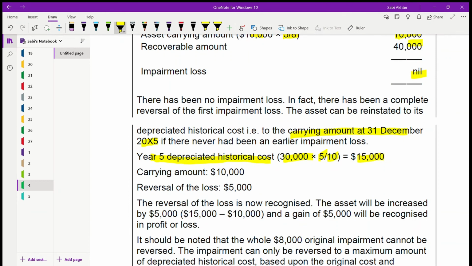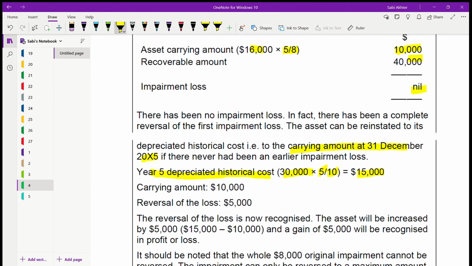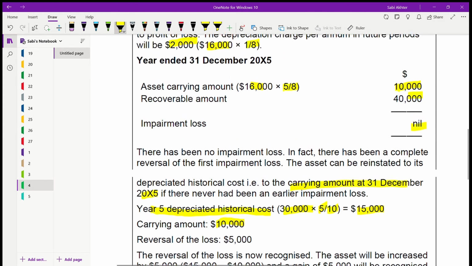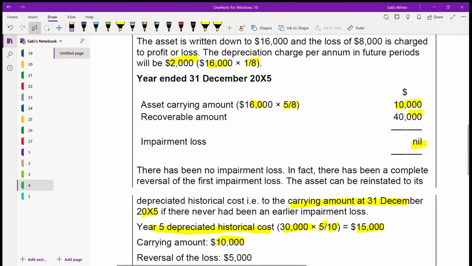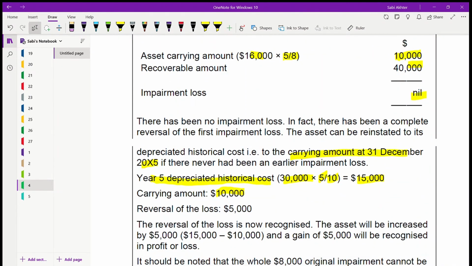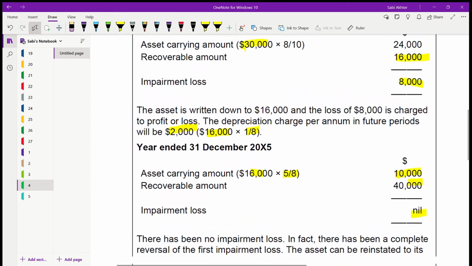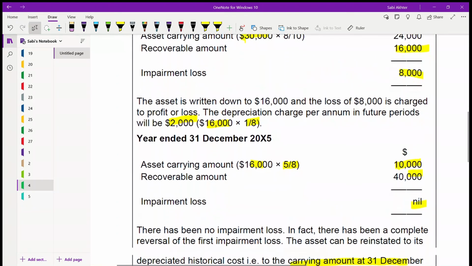Now, from this 15,000, the historical, what is the carrying amount? And what is the reversal of the loss? How much you need to reverse? Carrying amount is 10,000. How is it 10,000? Sorry, the asset's carrying amount on 31st December 2005 is 10,000.